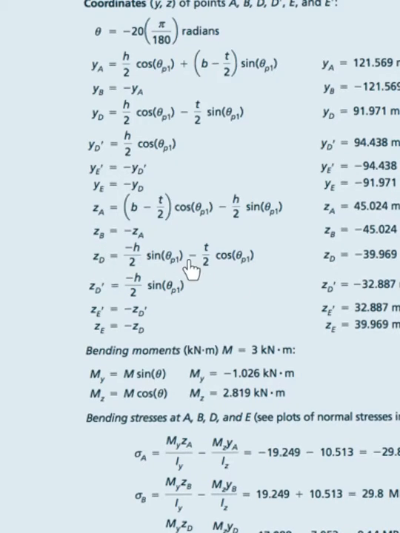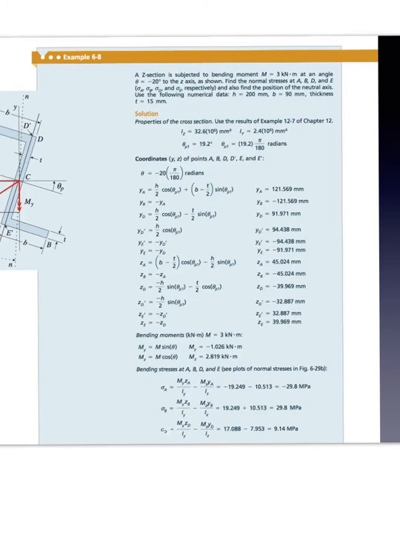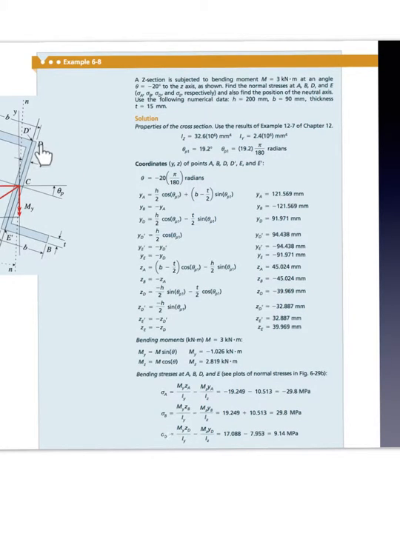Just notice that they've put the negative sign, obviously because the z is on the negative side of the z-axis, and the positive sign needs to be negative.